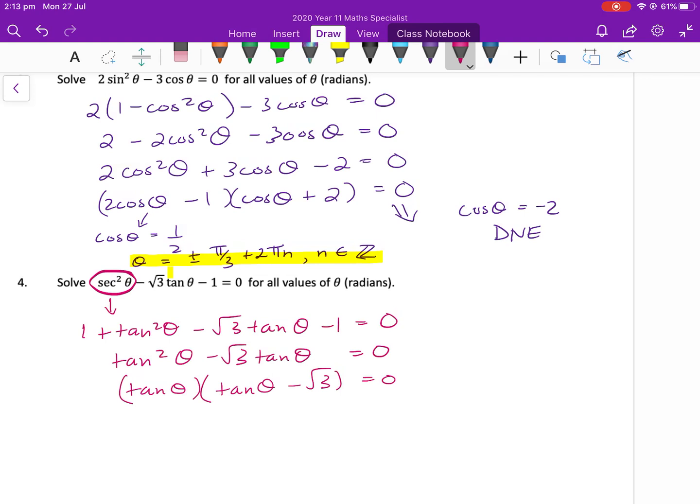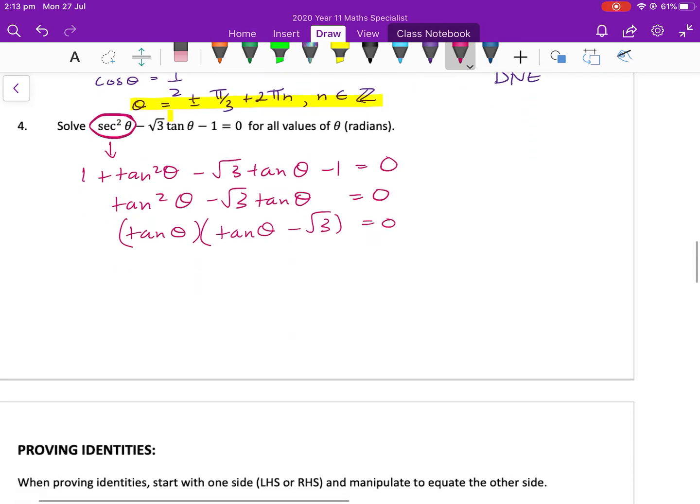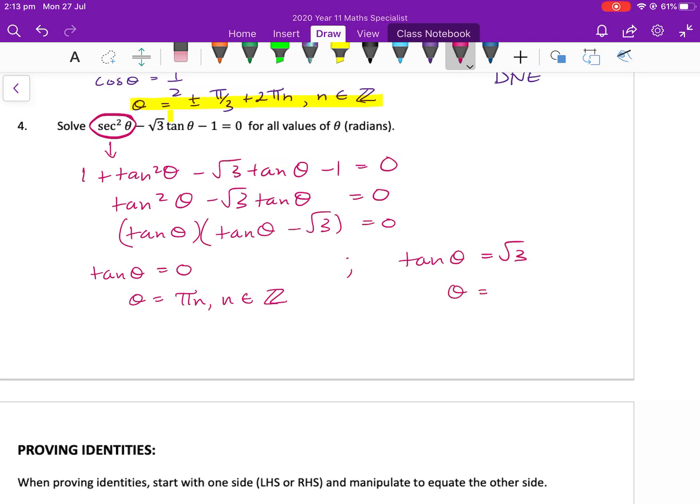So 2 sets of possible solutions to consider. If tan theta equals 0, this is going to occur at pi n when n is an integer. And our other possible solution, tan theta equaling root 3, has a reference angle of pi on 3, and that will happen every pi radians. And I can state all values of those solutions.